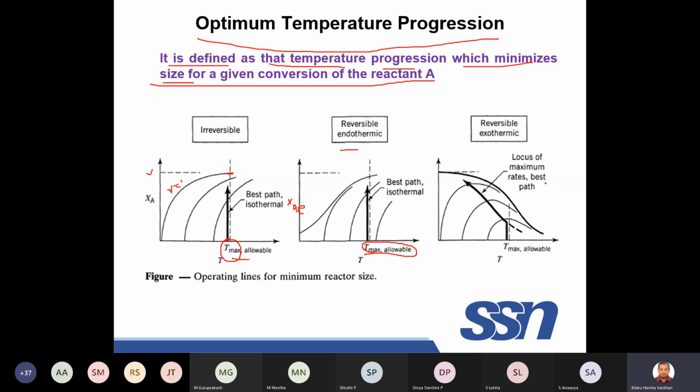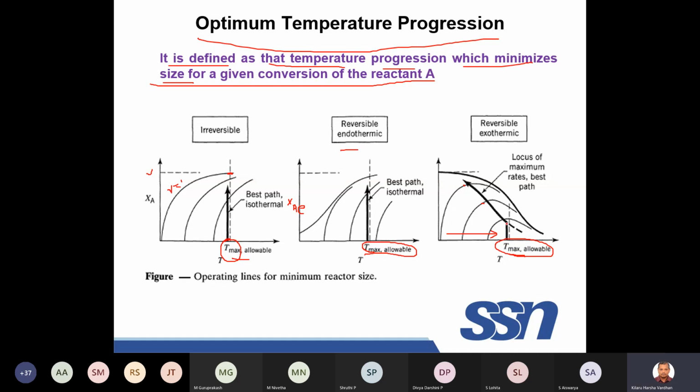Reversible exothermic, we already talked about, there is a high curve, there is a high point, and then as you increase, the rate will change in this particular direction. But the locus is shifting. The locus, in the sense, the maximum point locus is being shifted. So what you do is, you try to be at this particular maximum limit. What is allowable again depends on your material of construction.